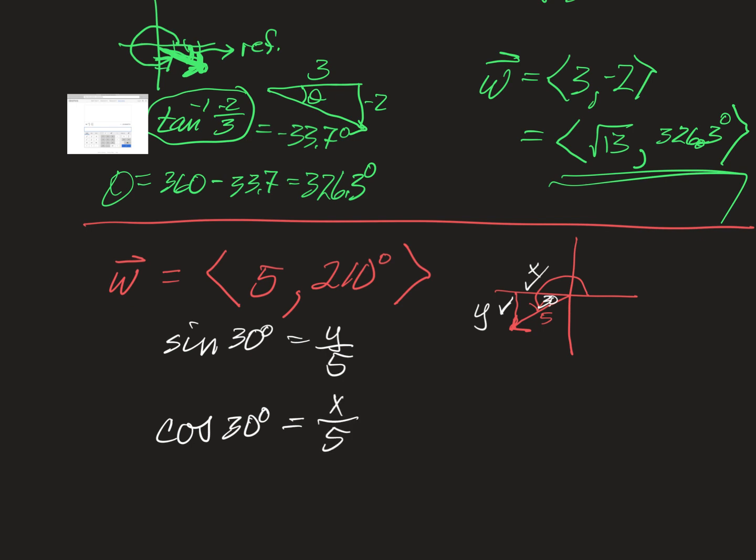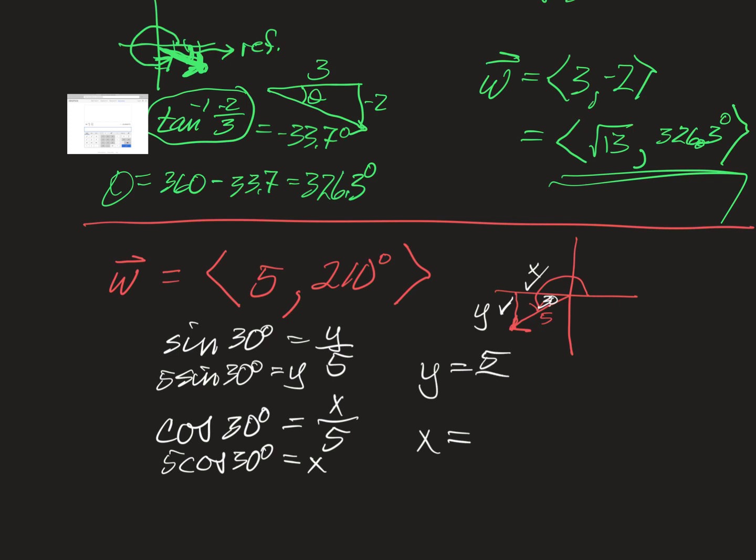And now I just solve those. I get 5 sine of 30 degrees equals y, and 5 cosine of 30 degrees is equal to x. Now, the sine of 30 degrees is a special angle, so I can just do that one in my head. That is 1/2, so y is 5/2, 1/2 times 5.